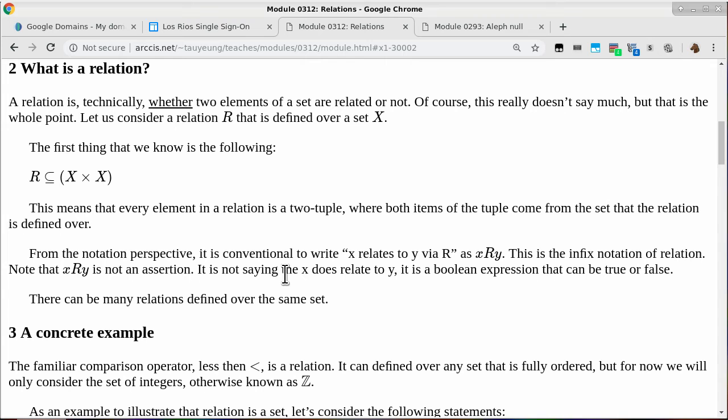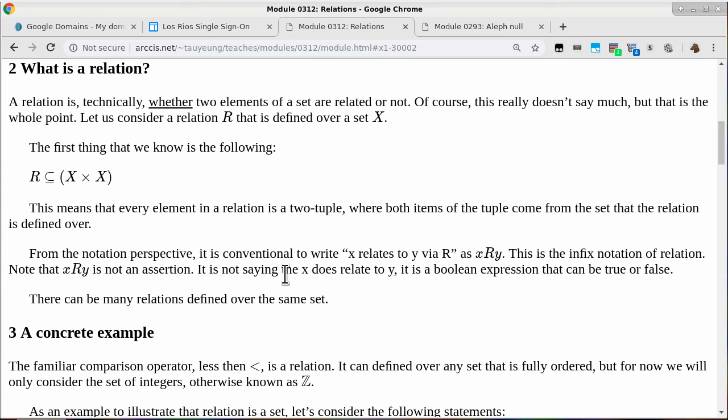So it's not like you have a domain and a codomain. Nope, you only have one set, but you're defining how elements of the same set relate to each other or itself. So an element can relate to itself, okay? So the first thing we notice is a relation R is a subset, not necessarily a proper subset.